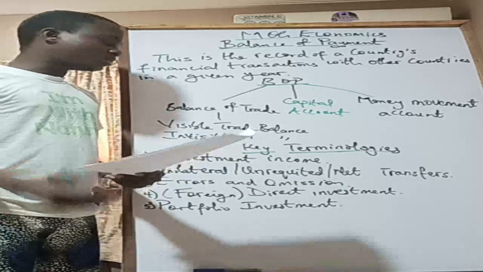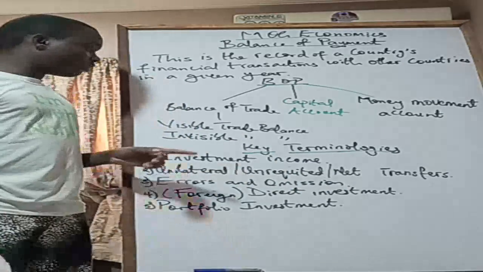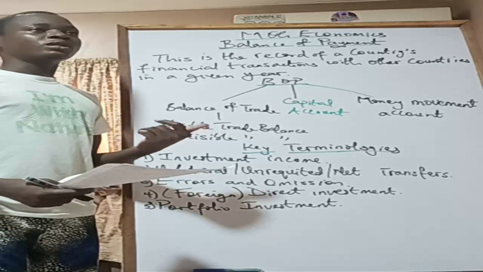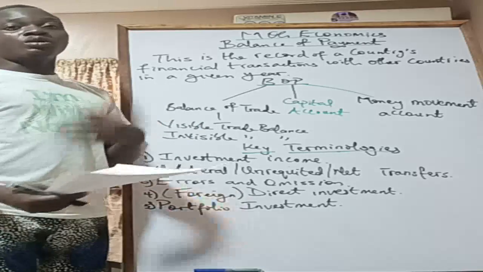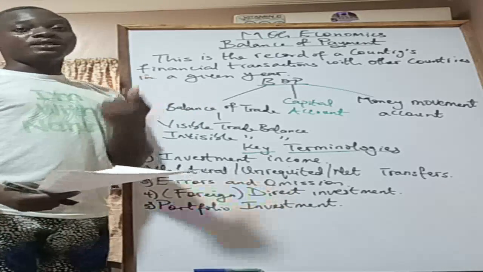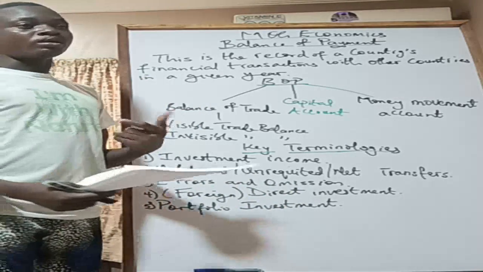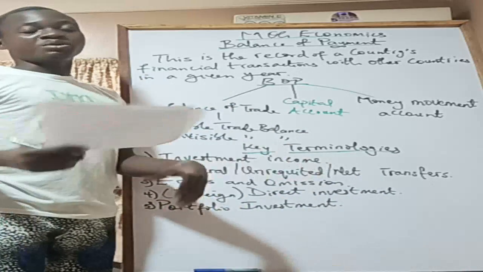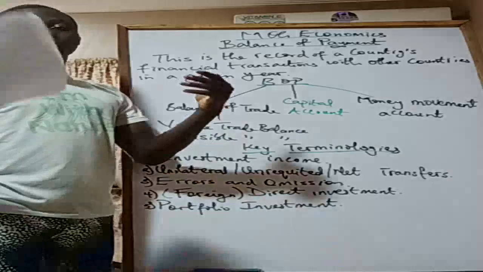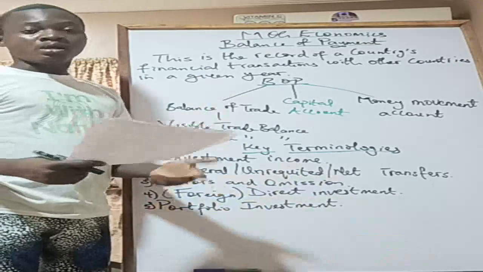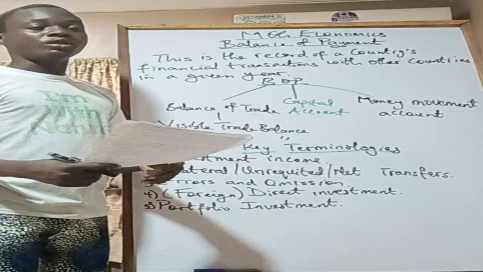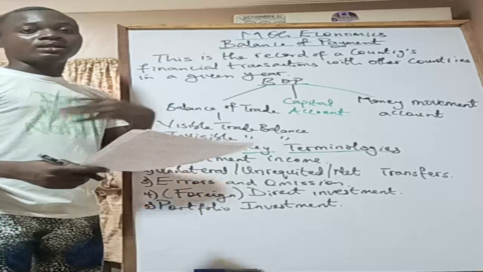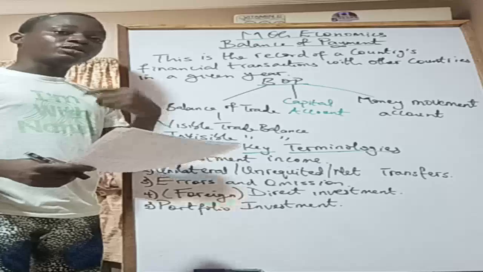Okay, that being said, how about the second one, the invisible trade balance? This looks at the record of the financial transactions between a country and other countries in terms of services, so non-tangible products. For example, teaching services. There are people in Nigeria that school abroad, which is like importation of foreign education. There are people from other countries that come and school in Nigeria, which is like exportation of Nigeria's educational services.